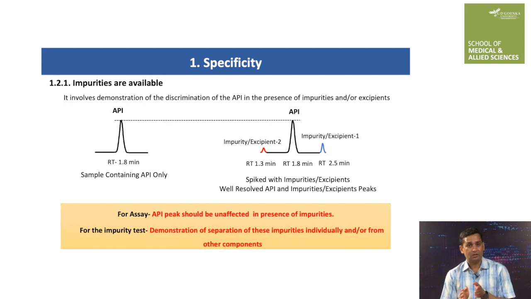In this case, two types of data can be submitted, one for assay and another for impurity test. For assay, the API peak should be unaffected in the presence of impurities. For impurity test, the analyst has to demonstrate separation of the peaks of these impurities individually and/or from API.